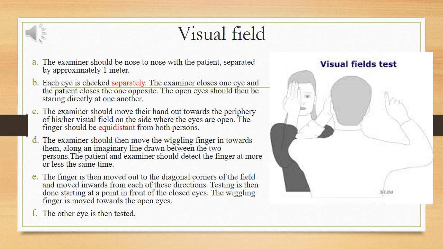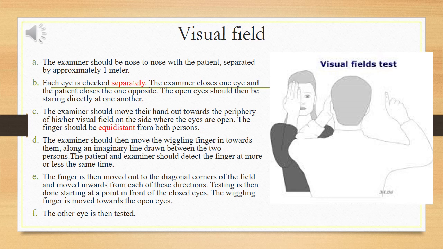For example, if the patient closes her or his right eye, the examiner should close the left. The examiner should move their hand out towards the periphery of the field of the patient where the eyes are open. Then the examiner's finger should be equidistant from both persons, i.e., the finger should be exact.